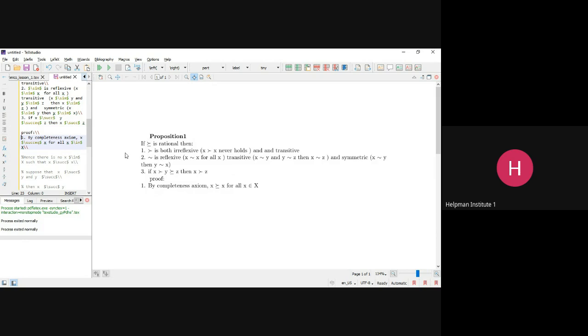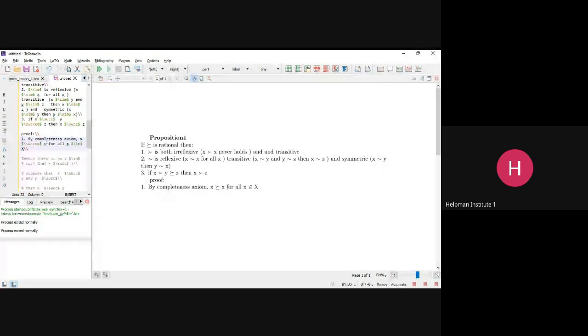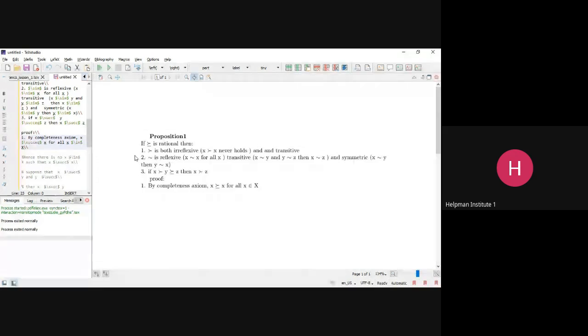All right. So now we are going to use those assumptions. Remember the assumption of transitivity, the assumption of completeness. We are going to use them to prove number one. So what does this mean? By the completeness axiom, x is preferred to x.